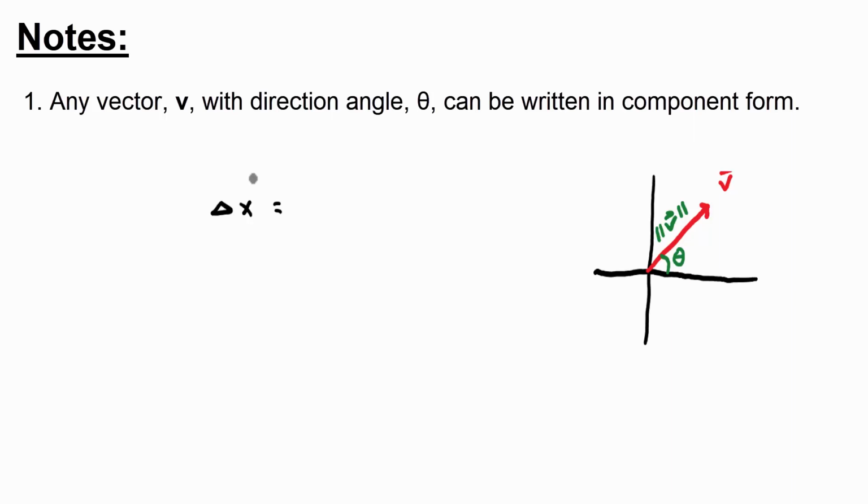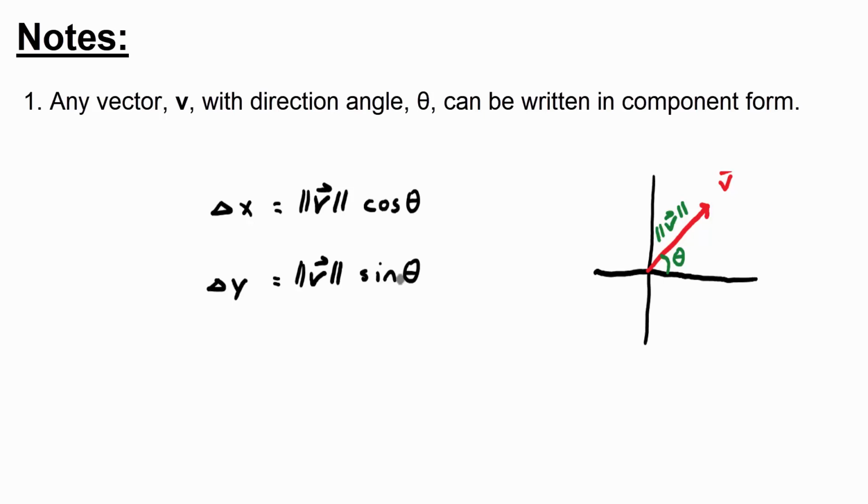And delta x, it turns out, can be written as the magnitude of v times the cosine of theta. Seems kind of random, but I'll prove that to you in a second. Delta y, the vertical component, is magnitude v sine theta.